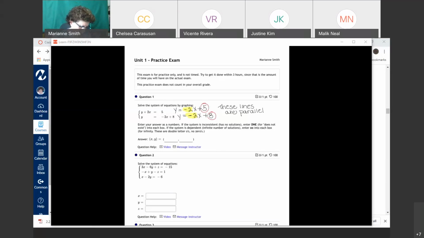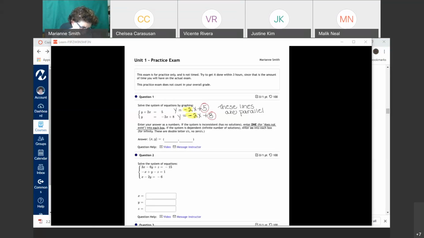So if you've got two parallel lines, does the system have a solution? Is there a solution if the lines are parallel? No, no solution. So your answer to this question would be D and E.